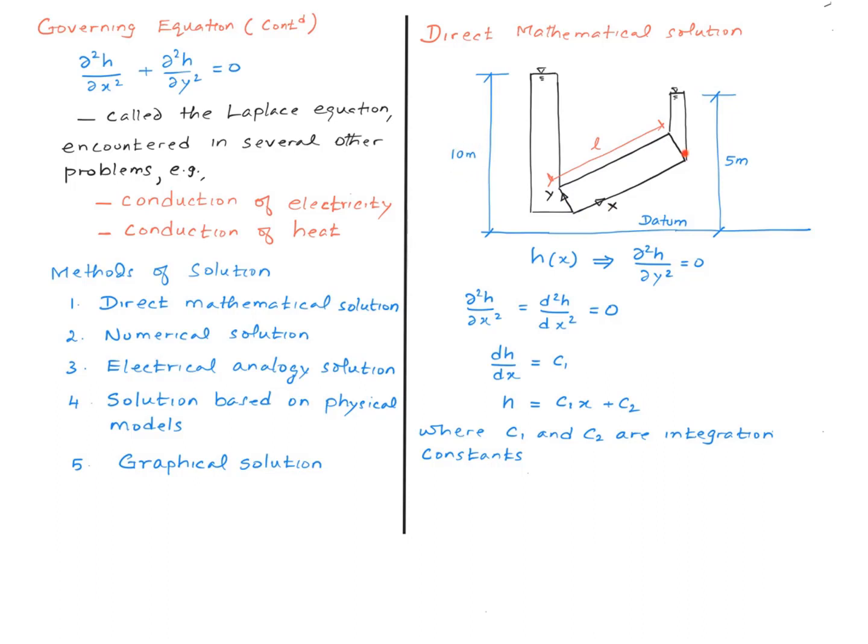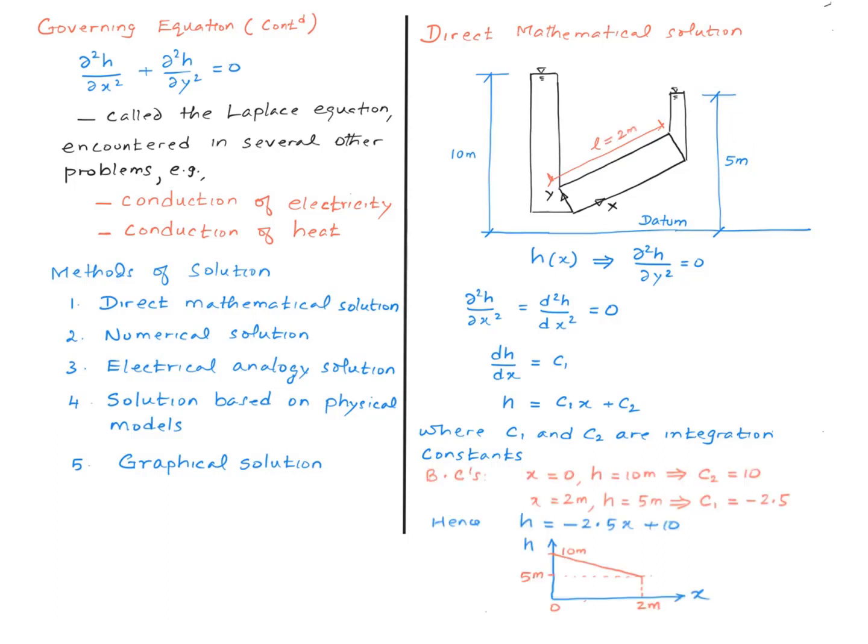At x equals L, total head is 5 meters. So the application of these boundary conditions lead to this linear equation. Here's a little graphical sketch showing the variation of h with x. It goes from 10 meters at 0 to 5 meters at 2 meters.